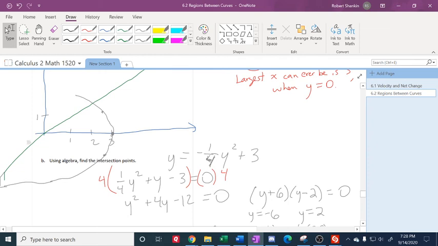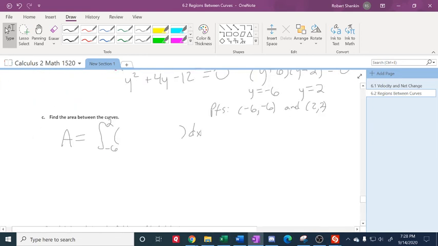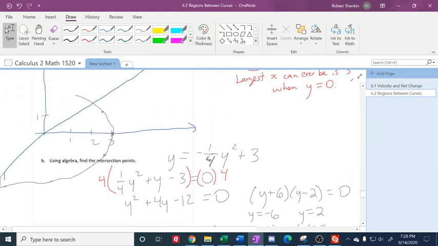Then from -6 to 2, this thing that you would give us would be the area under the green curve, between the green curve and the gray curve, up to here. But we want the area all the way up to here as well. Okay, so you would get that area, but you'd be missing this area.